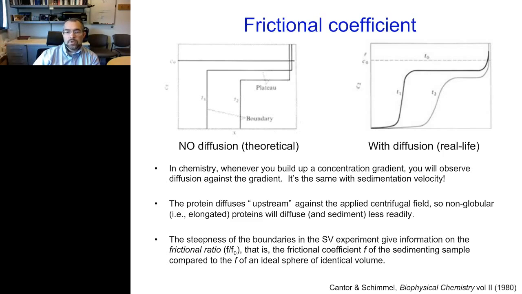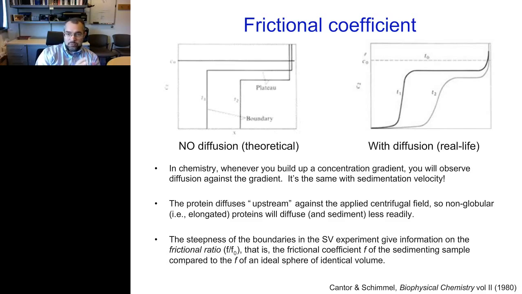And I'm showing you here with these red lines on the right what would happen if we had increasingly elongated sedimenting species. We will see a steeper and steeper slope of the boundary. Okay? And so from that, we can actually determine the so-called frictional ratio. This is the frictional coefficient of our sedimenting species compared to that of an ideal sphere of identical volume.